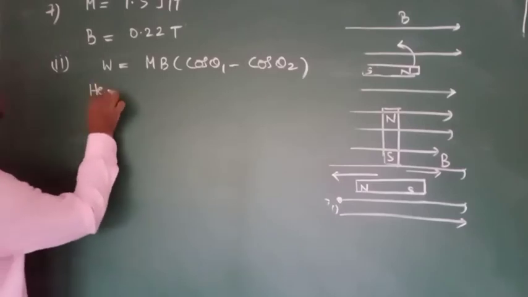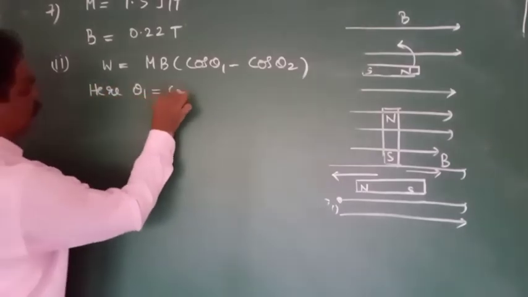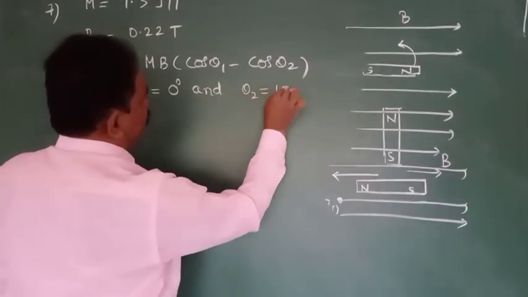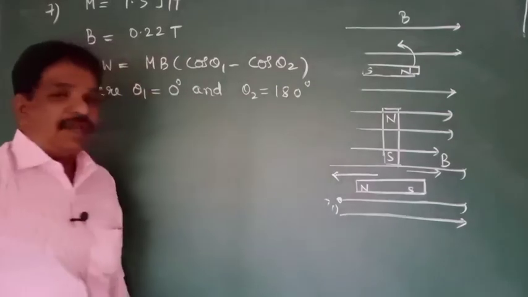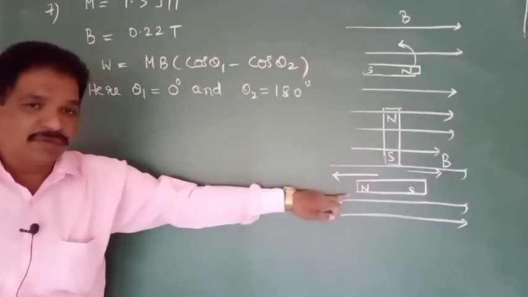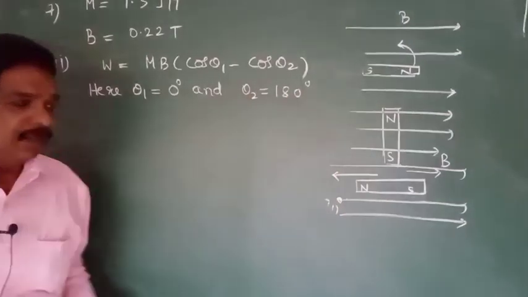Here theta 1 is equal to 0 degrees and theta 2 is equal to 180 degrees. It is rotated from this position to this position, that is 180 degrees.